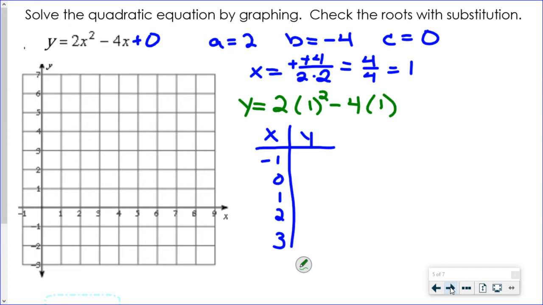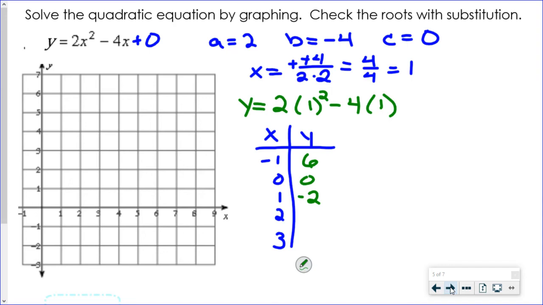So 2 times 1 squared minus 4 times 1. And that means my vertex is 1, -2. Okay. And then I just keep going. Okay. So 2 times -1 squared minus 4 times -1. That gives me 6.